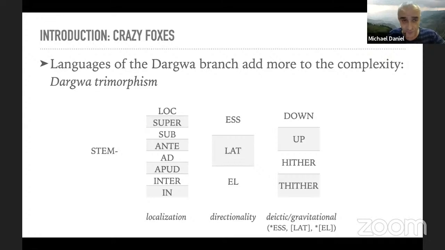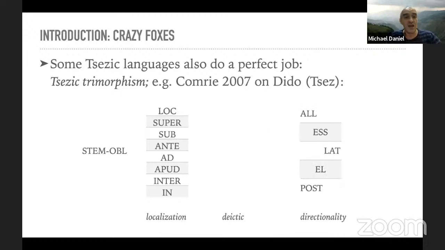But that's not the only way in which the spatial nominal inflection may be complexified further as compared to the Archi relatively tame pattern. In some Tsezic languages, there is another type of trimorphism, which is maybe a little bit more unexpected for East Caucasian.